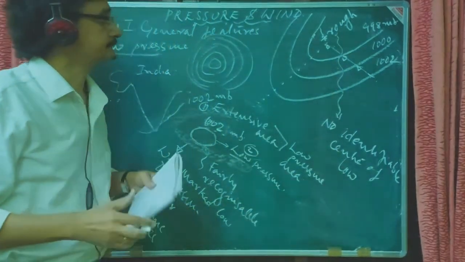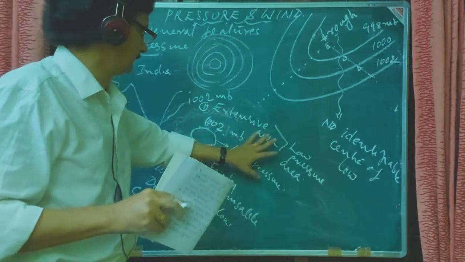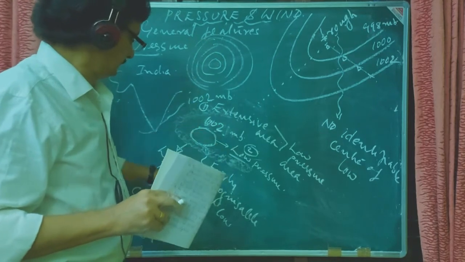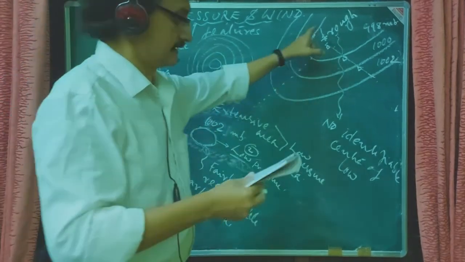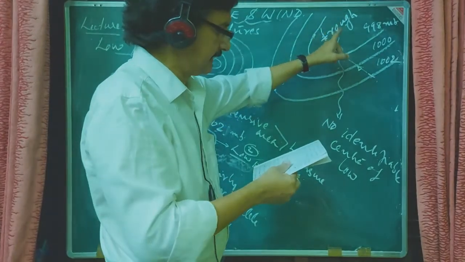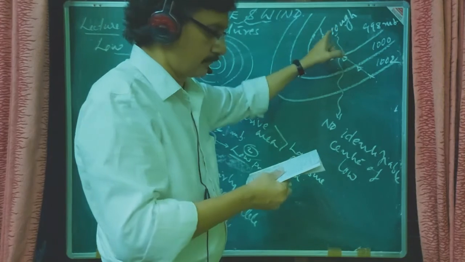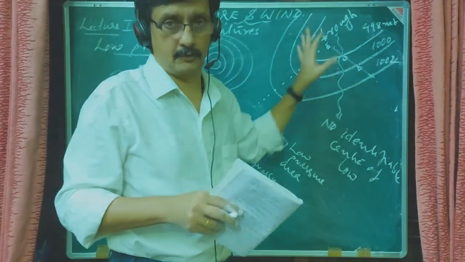Clear? So there is no extensive area, no fairly recognizable center of low, only an elongated region of low pressure.